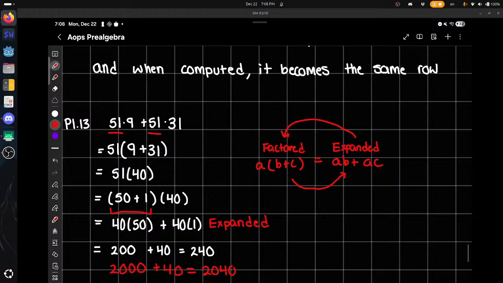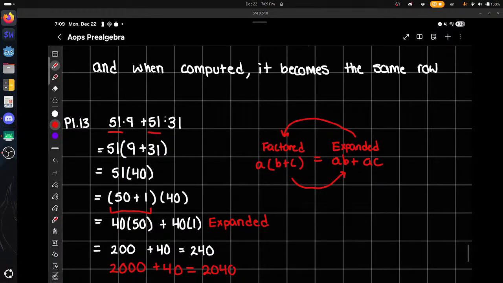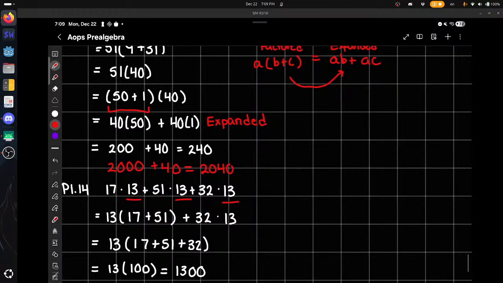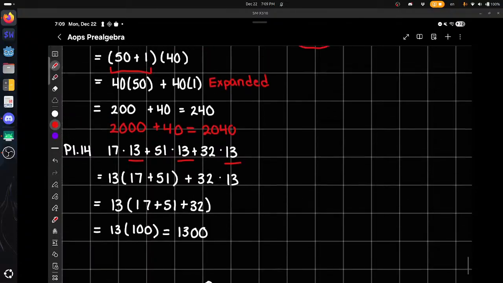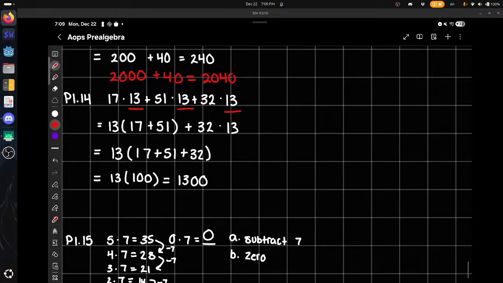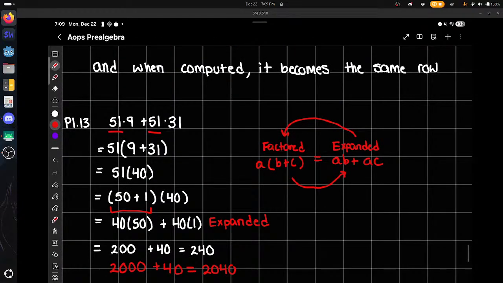Because what I remember from high school was that these are terms, right? I don't remember them being called factors. But anyways, let's move on to the next problem. Well, let's first make sure I get this. So factored form, and then when we expand it, call that expanded form, and this is related to the distributive property.